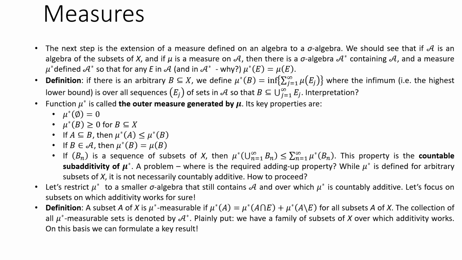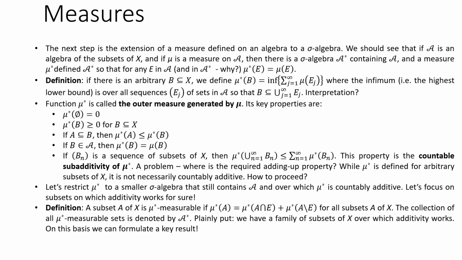So first, once again, we restrict the measure to a smaller sigma algebra that still contains the algebra we are interested in, but over which the candidate measure for the sigma algebra is countably additive, so it has the adding up property.